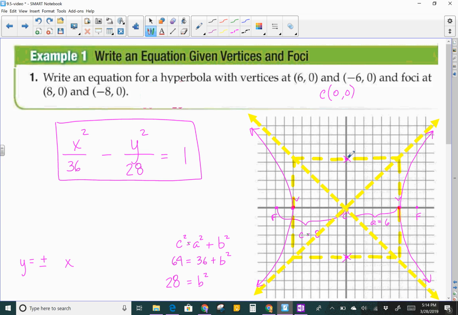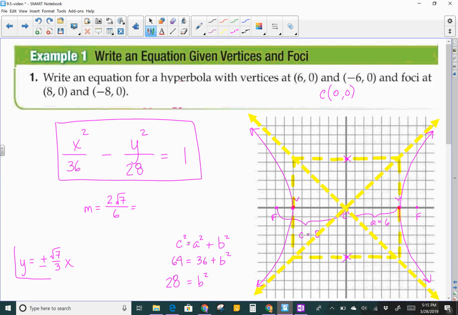How far did I go up? I went the square root of 28, and I went over 6. So the slope is the square root of 28, which is 2 square roots of 7 over 6, which becomes the square root of 7 over 3.